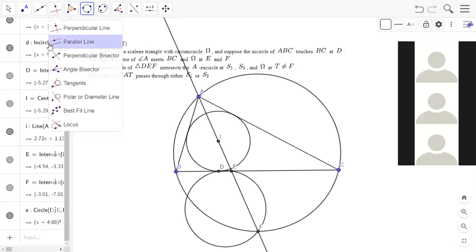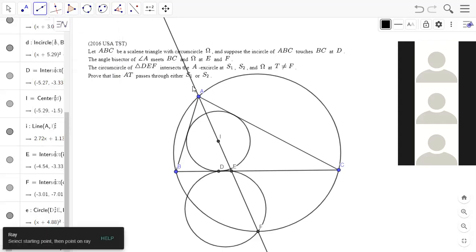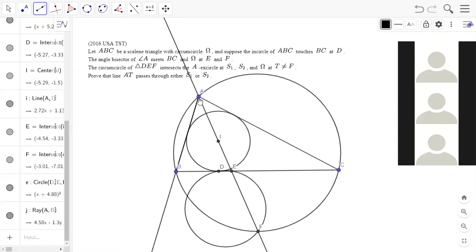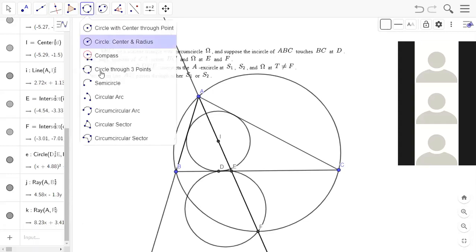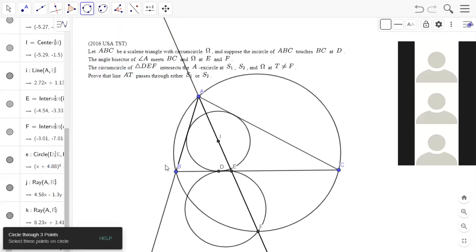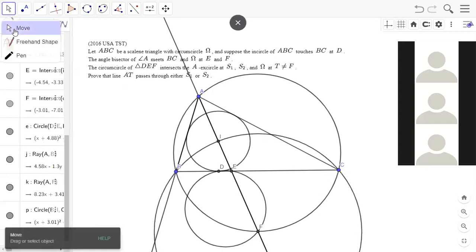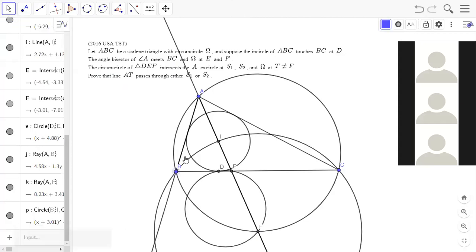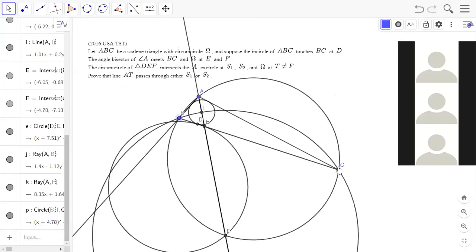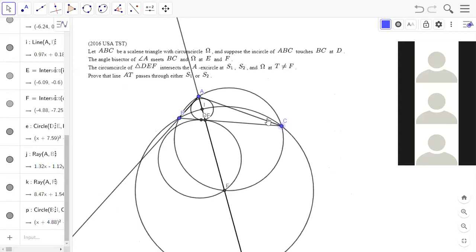Okay, so I could try to use the incenter-excenter lemma. So let me make this a smaller triangle. So just like that.